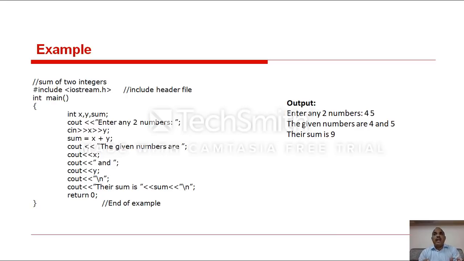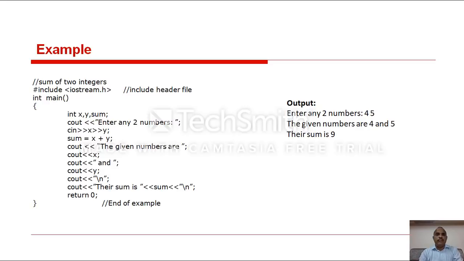Simply, the values are read from the keyboard and stored into variable memory locations. Clear? Then sum equal to x plus y, where sum is a variable, equal to is an assignment operator, and x plus y is operand 1 plus operand 2. Finally, the resultant value is assigned into the sum memory location.